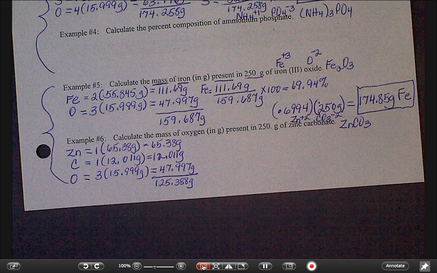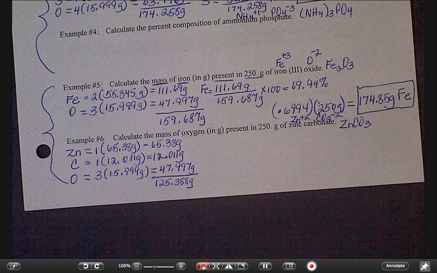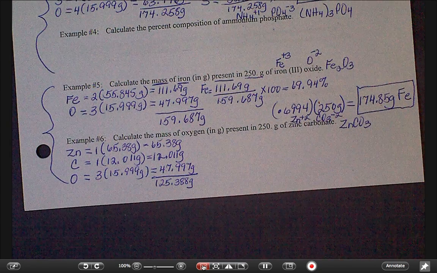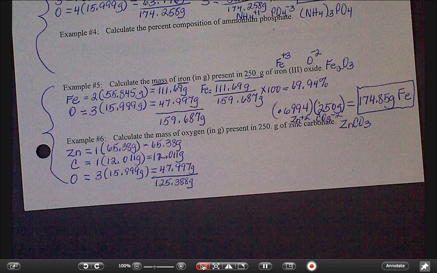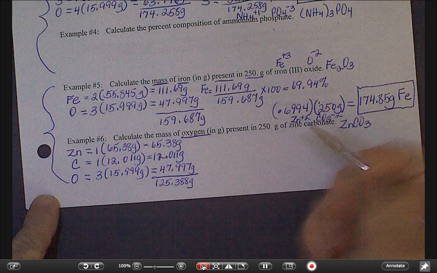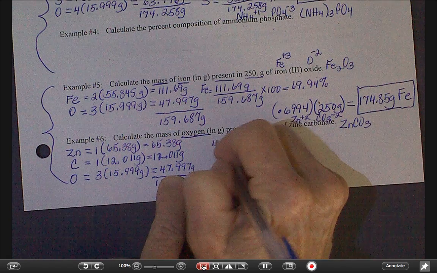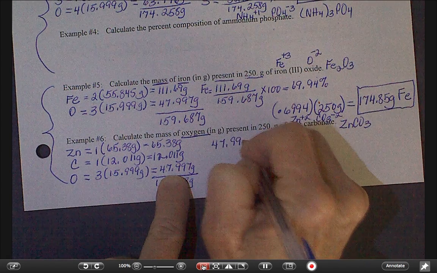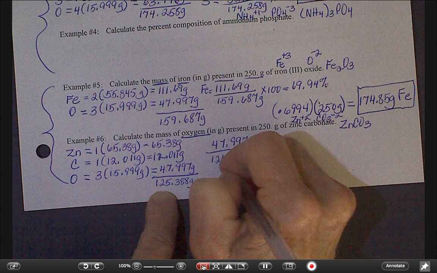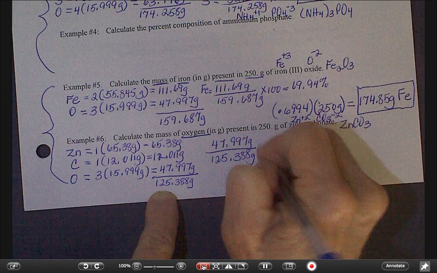Okay. Now, what's my next step? You divide oxygen by the total mass of the compound. Yes. Okay. Very good. Because that's all they're concerned about. So my mass of my oxygen is 47.997 grams divided by 125.388 grams times 100.